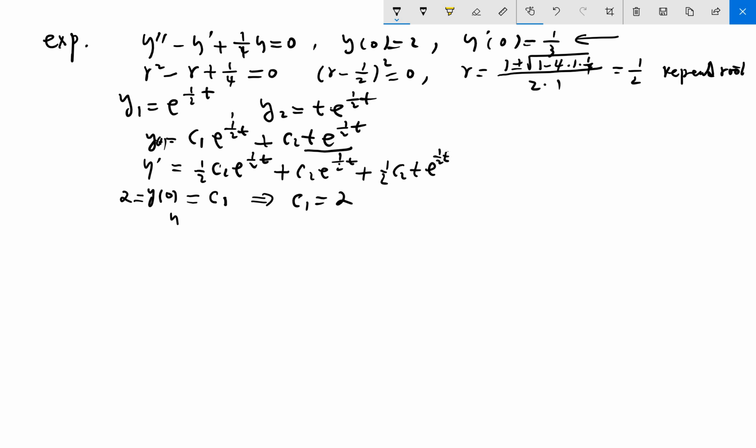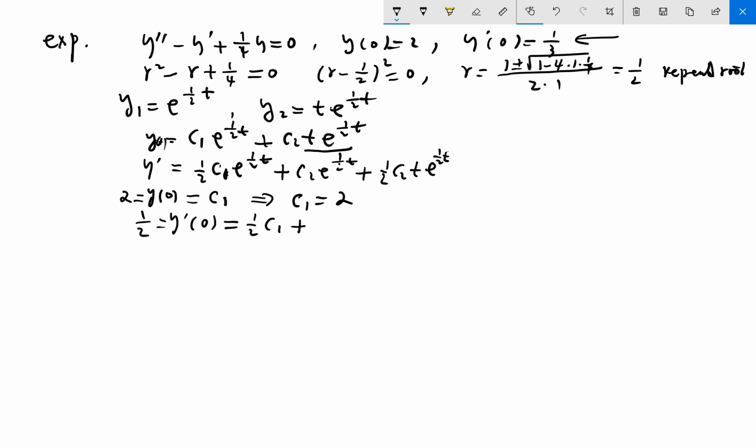Now let's find C2 by letting y prime(0) equal to 1/3. For the right hand side, let t equal to 0. This is 1, so at t equal to 0 you get 1/2 C1, since e to the 0 is 1.